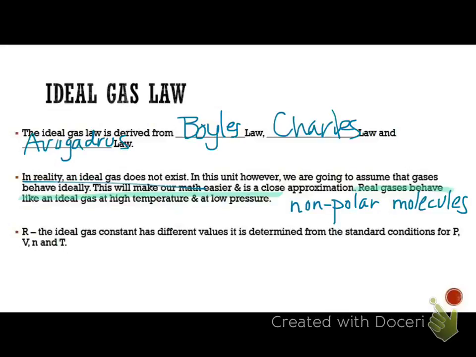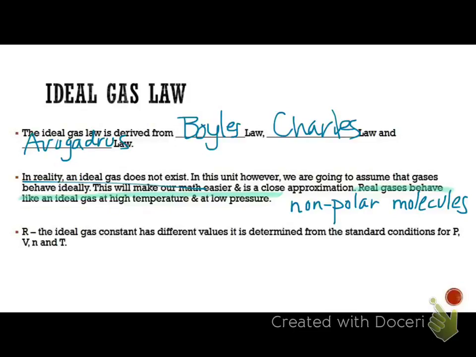If you're at high temperatures and low pressure, how are the particles? Where are they? They're spread out. They're very far apart. So if they're very far apart, they're not going to interact with each other as much. Okay? And in the case of nonpolar molecules, why would they behave more ideally? They don't have an attraction for each other like they would in a polar molecule. So that's going to be important. Put a star by it.